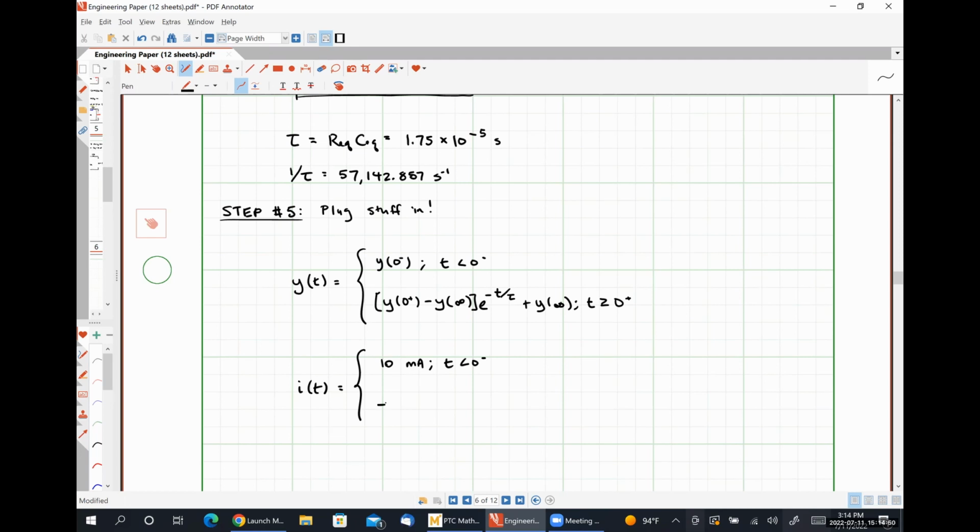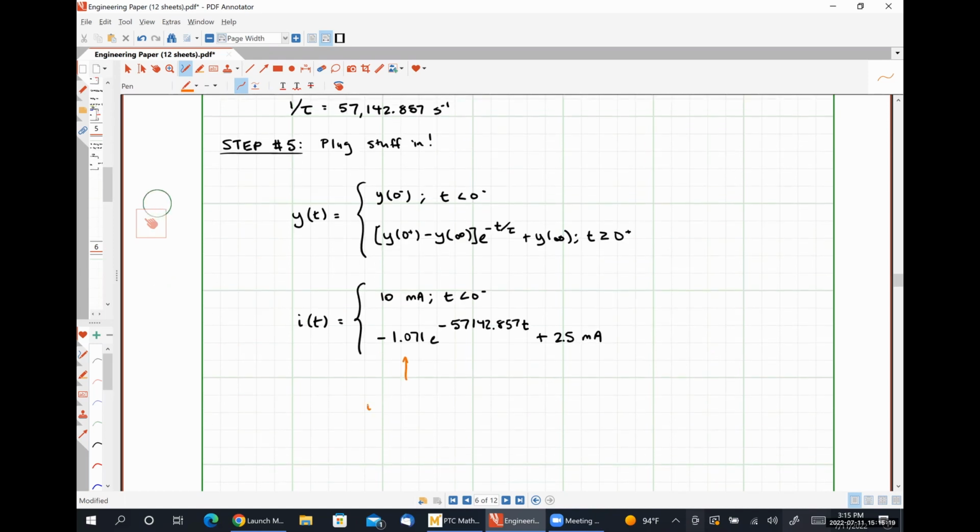So this is going to look like negative 1.071 e to the minus 57,142.857 t plus 2.5 milliamps. Where, to be clear, this bit right here represents y at 0 plus minus y at infinity. And this bit right here comes from 1 over tau.